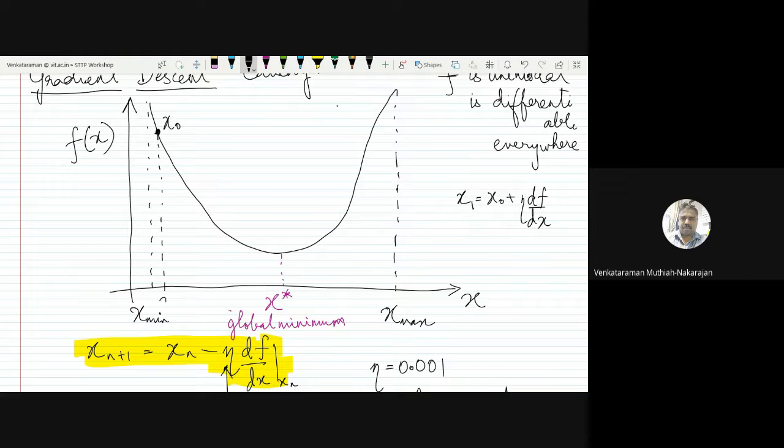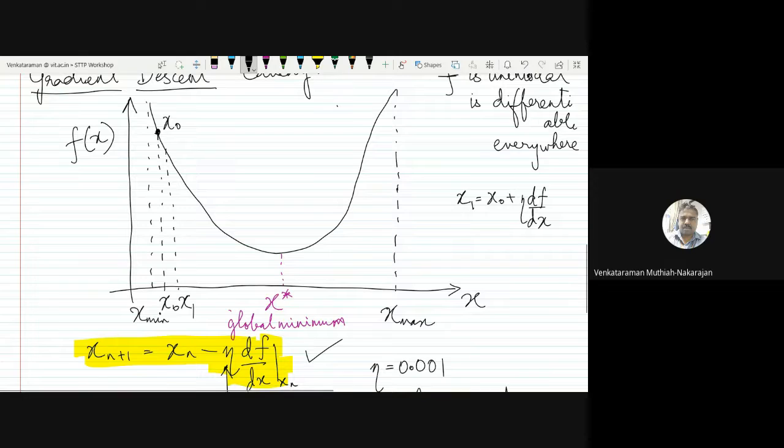If this is x0, we advance a little bit ahead to x1. Because the slope is negative, and you have one more negative sign here, negative into negative is positive. So from x0 to x1, you advance from left to right.